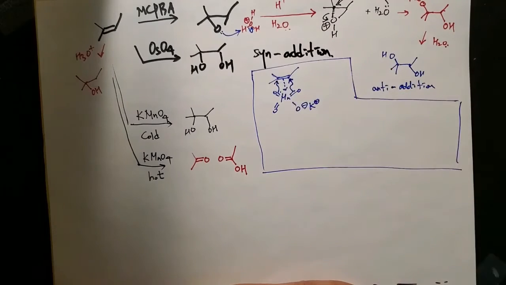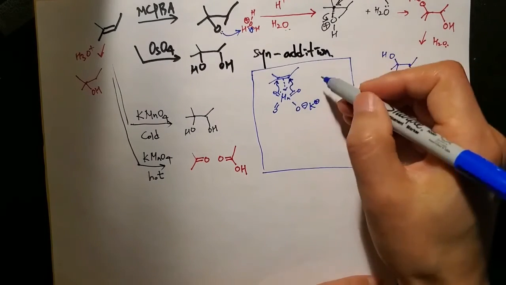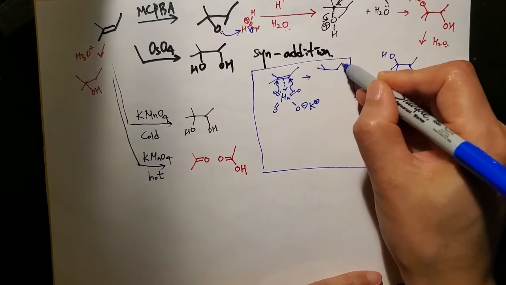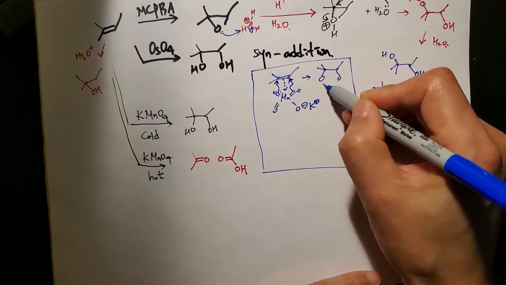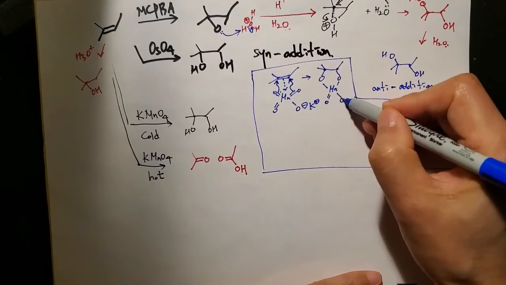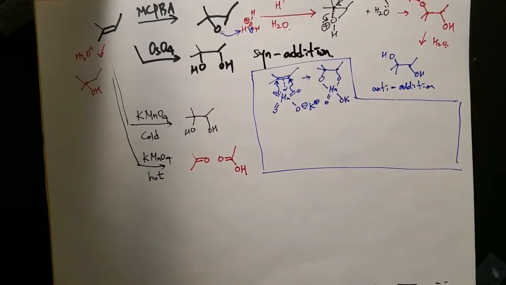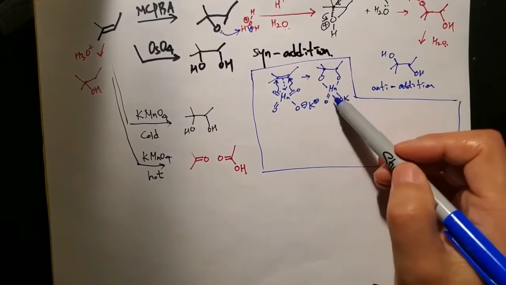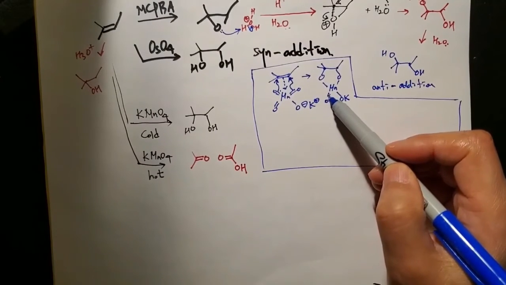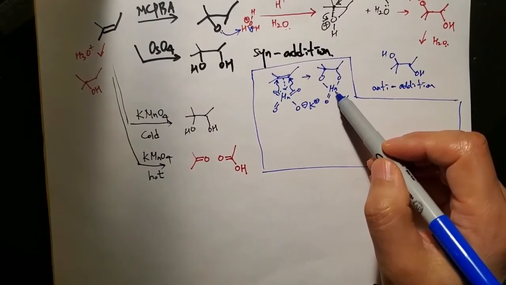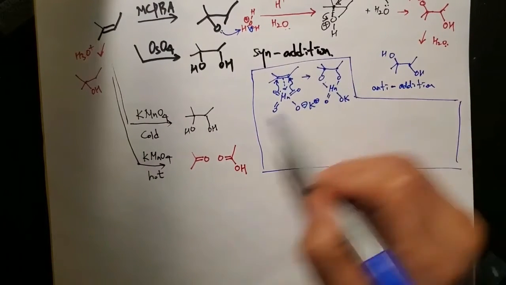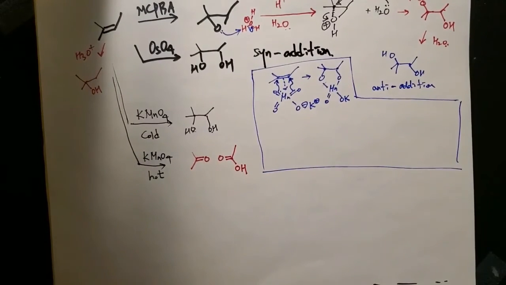You can check the previous mechanism with osmium tetroxide, and you are getting the same type of intermediate. Okay, that's good. Here, if the temperature were cold, with water or hydroxide, presence of other chemicals, you will end up breaking here and here, and you get diol, 1,2-diol syn addition.